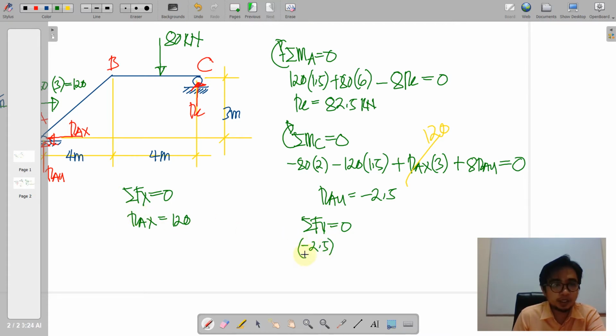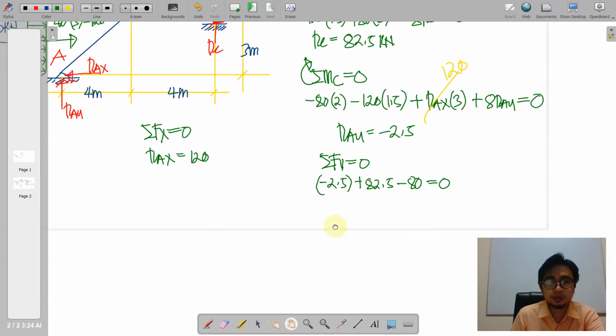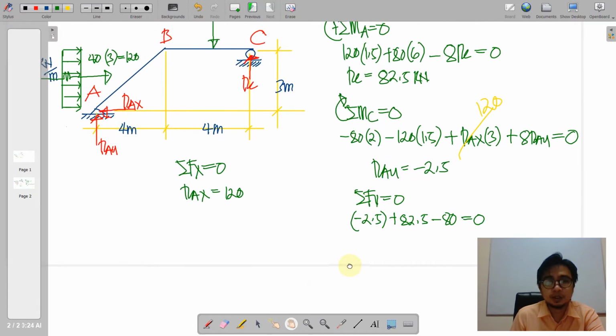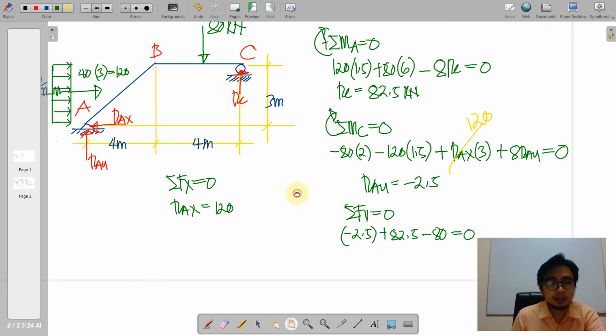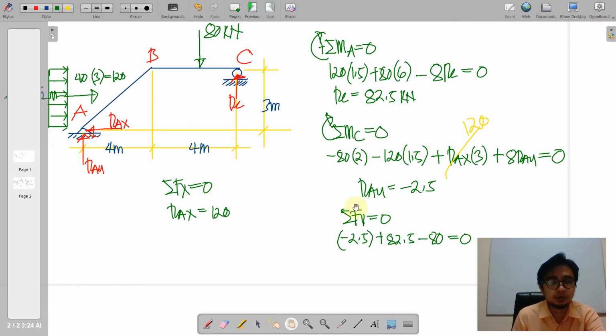Of course, we carry the sign, plus 82.5 less this downward 80, and that will be equal to 0. So we are quite sure that our reactions are correct. However, we have yielded here a negative 2.5 reaction, meaning we have assumed it on the other direction. Okay, so it should be going downwards. RAY should be going downwards.